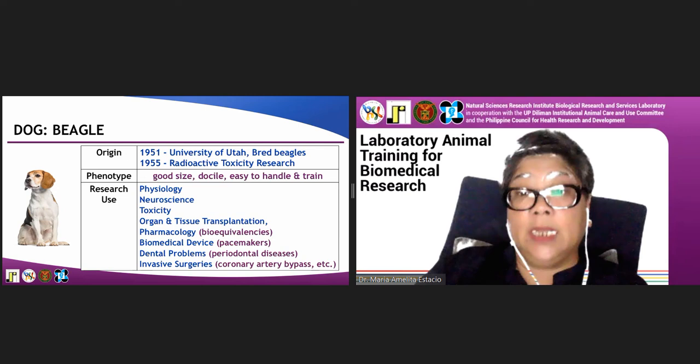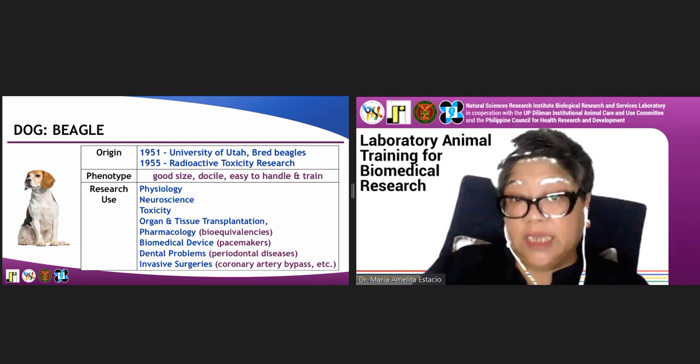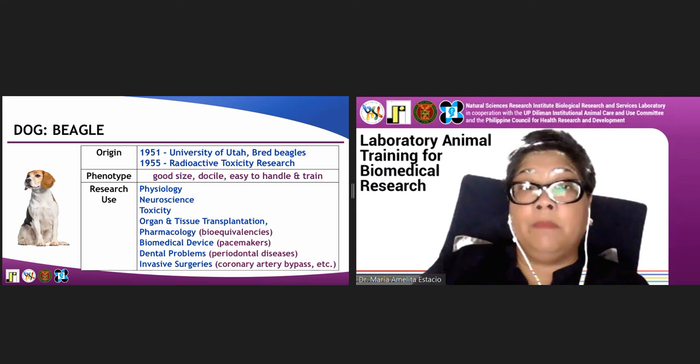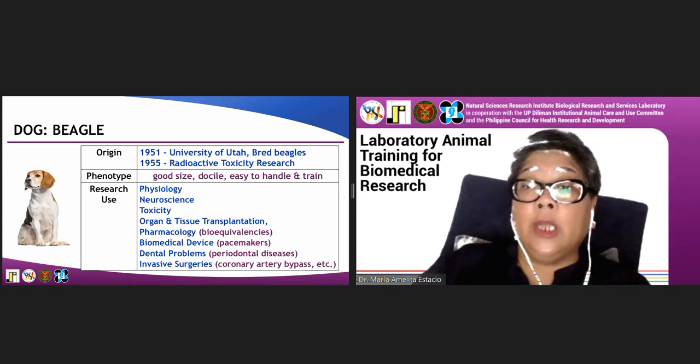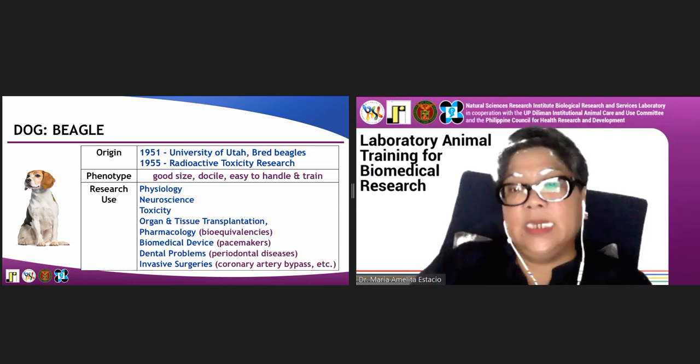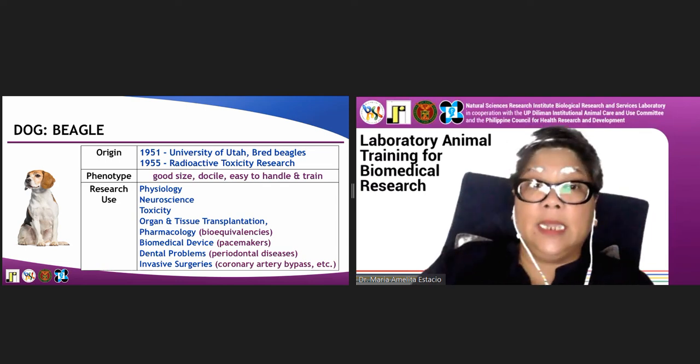The development of pacemakers that we have now for heart patients were also developed using the Beagle. Periodontal diseases and all those invasive surgeries, such as the coronary artery bypass that is being used for human patients, were initially developed using the Beagle.